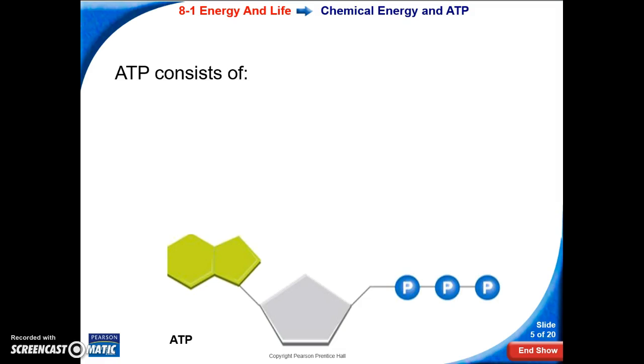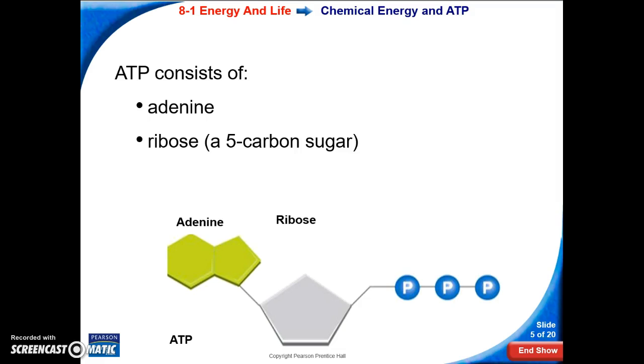Basically, ATP has this structure here, and this should look familiar. See what this reminds you of. It has adenine, which is a nitrogenous base. It has ribose, which is a 5-carbon sugar. And then it has 3 phosphate groups.